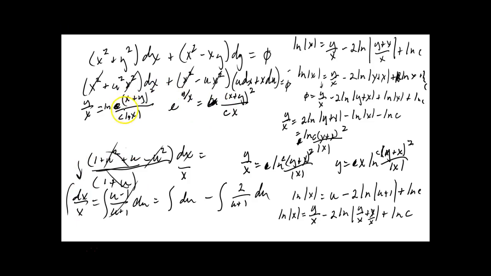Multiply by cx, and you have, I don't know why they chose this form, x plus y squared is equal to cx e to the y over x. Okay, that's what they wound up with. Why that's any better than one of the others, I'm not sure. Okay, but the hard part there was getting it into this form. The easy part was doing that.